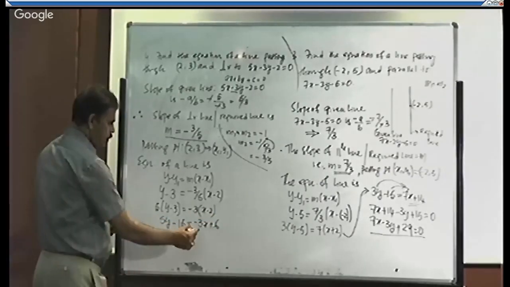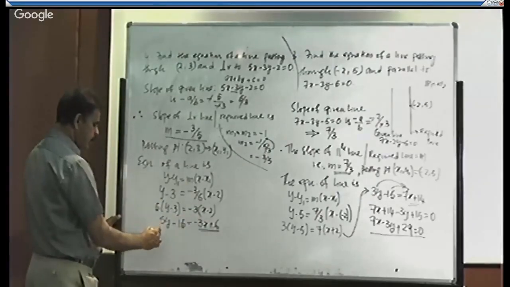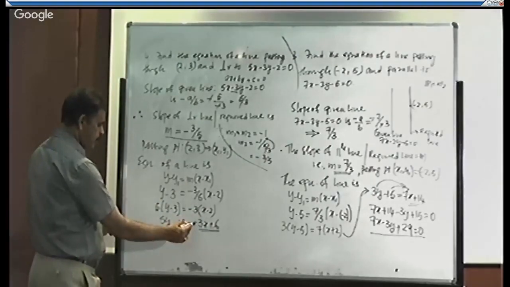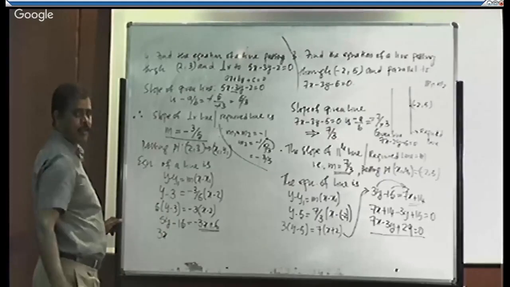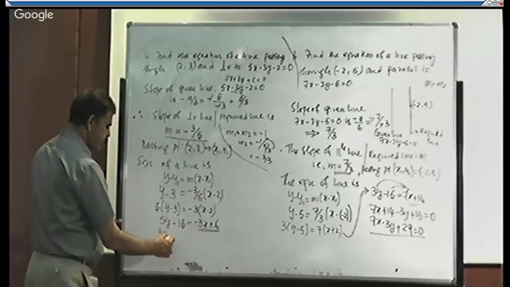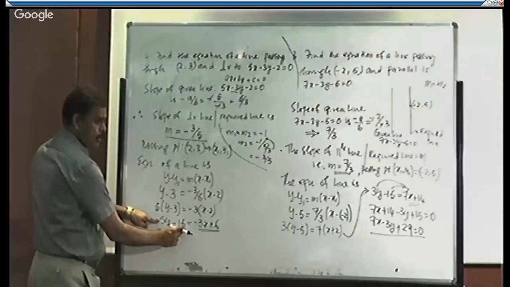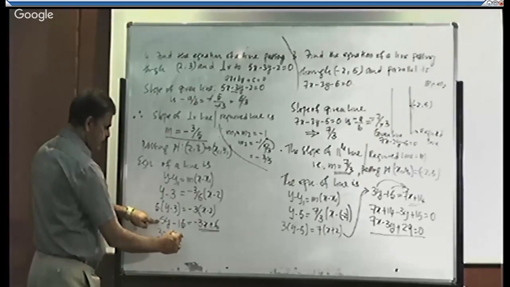We got a negative value of x, right? Just take it to the other side. Minus 3x becomes plus 3x after transferring from the right-hand side to the left-hand side. Plus 6 becomes minus 6.